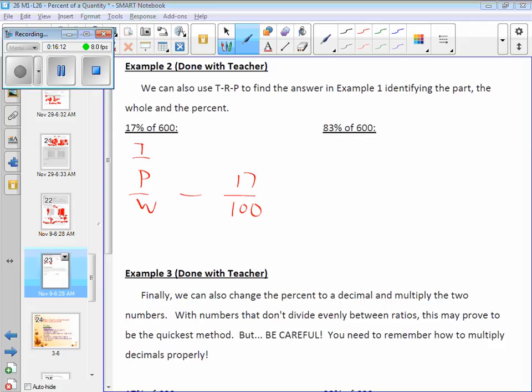I got only one more other number, and that's 600. Is that the whole or is that the part? Dave, that's the whole, which makes sense because whenever you're trying to find a percent of the number, you're always, always, always trying to find the part. It's got to be a number less than 600. Watch this, ready? Times how much?